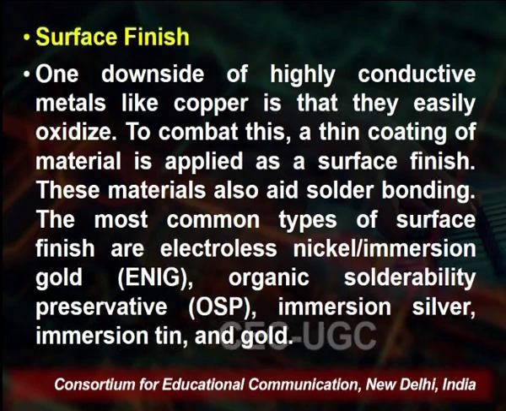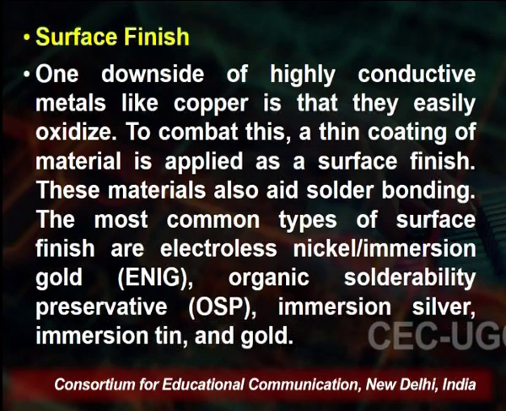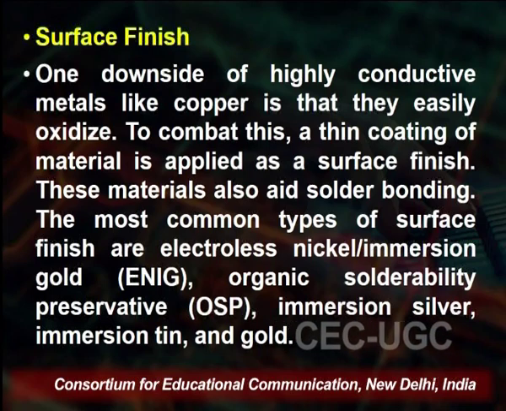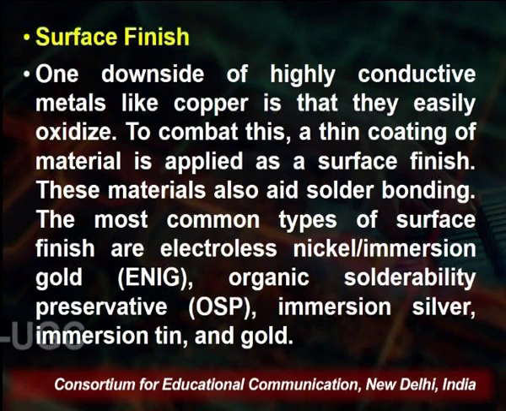To combat this, a thin coating of material is applied as a surface finish on both sides. These materials also aid solder bonding, and the most common types of surface finish are electroless nickel gold, organic material, and in this case we can use silver and so on.